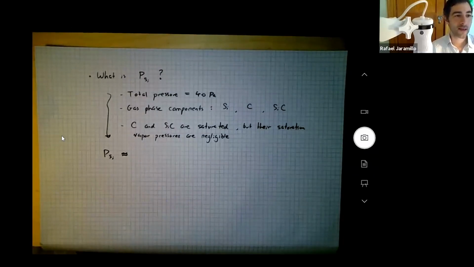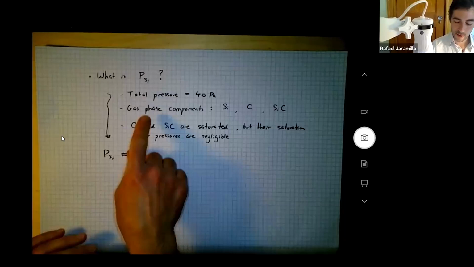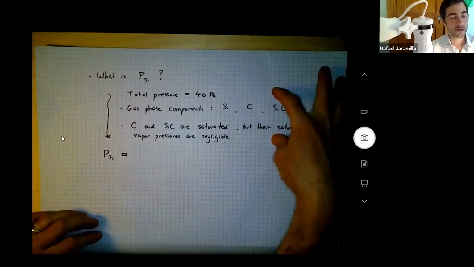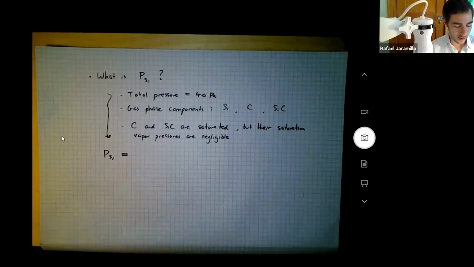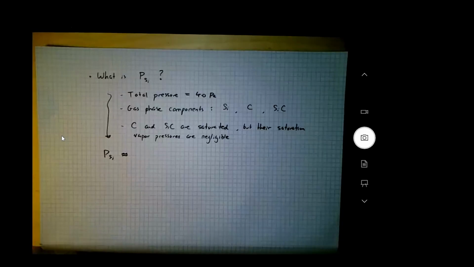If it's not clear right now why your question is my question, I'll make that clear. But somebody, please, here are your observations and some facts that you know. Would somebody make a guess for the silicon partial pressure? It's just equal to the total pressure.